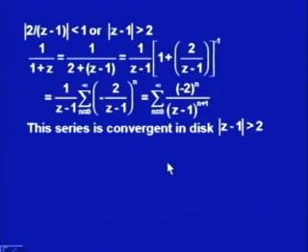So, we have one representation inside, when modulus of z minus 1 is less than 2, and this is the representation when modulus of z minus 1 is greater than 2.